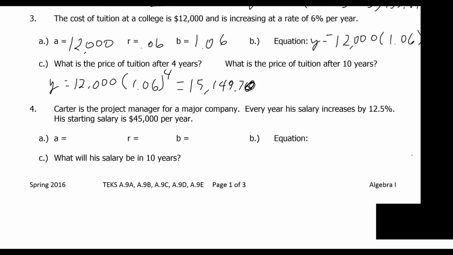Okay? And then they want to know, well, how much is it going to cost in 10 years? So we go y equals 12,000 on the outside of 1.06 raised to the 10th power.